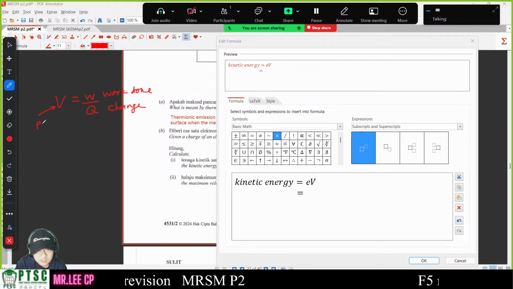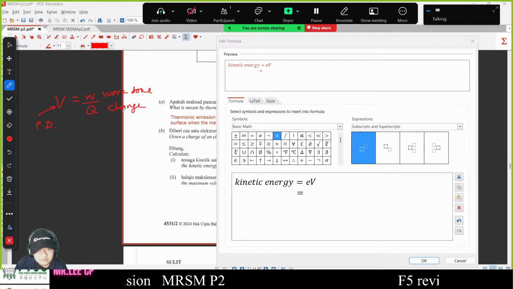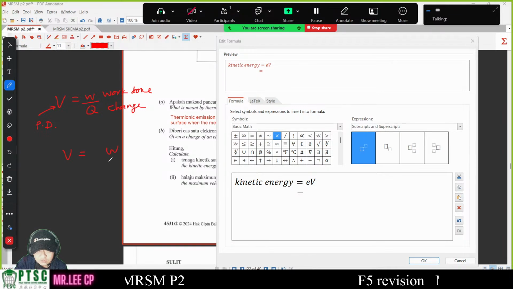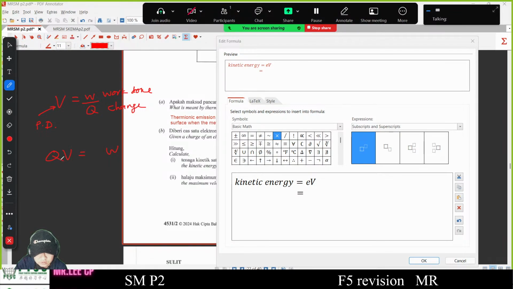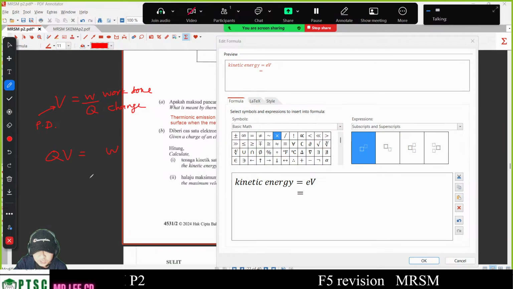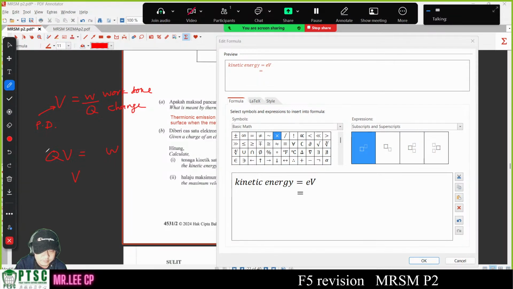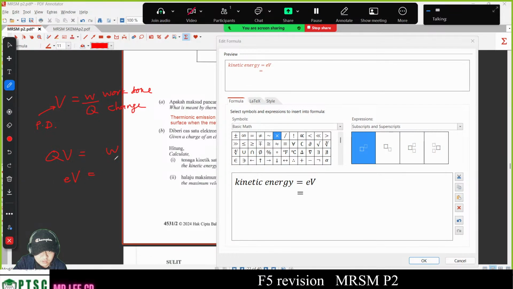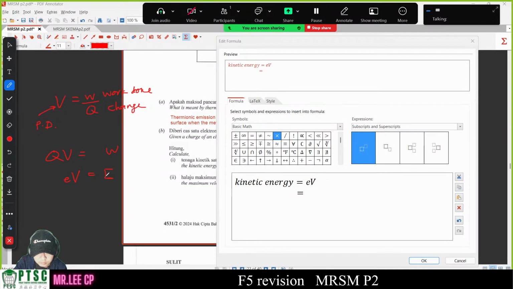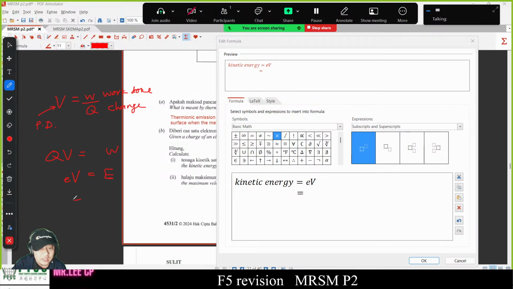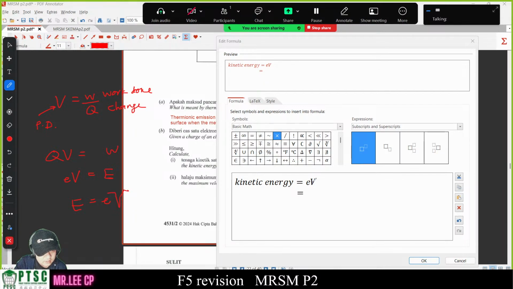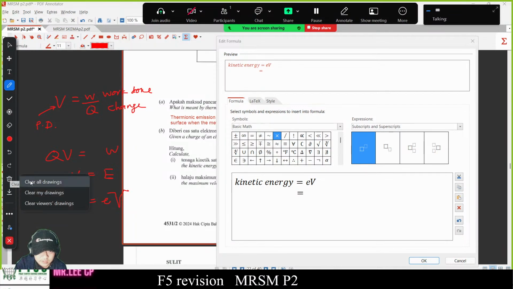So you multiply by the charge: V is equal to W over Q, Q you times it to here. V is the potential difference, Q is the charge of the electron, and this is your work done, which we normally call energy. Energy is equal to eV.